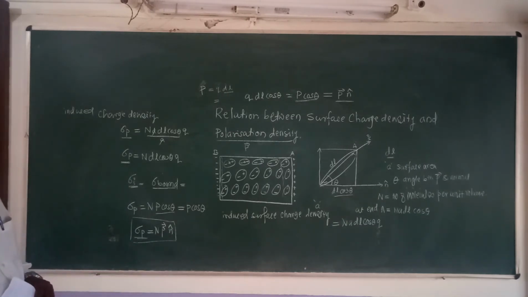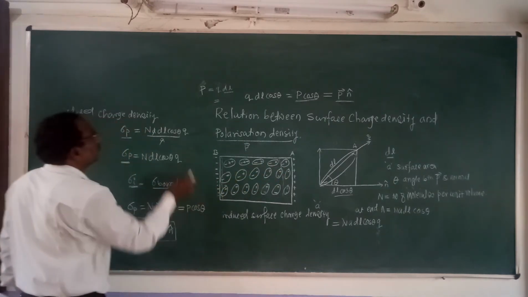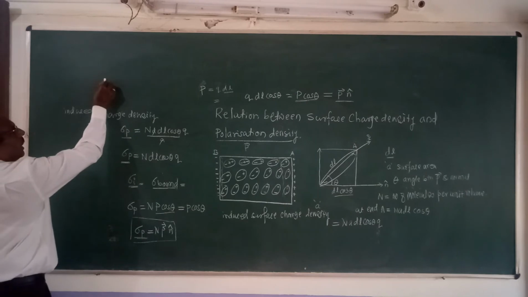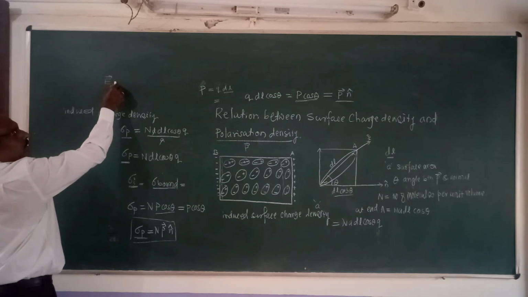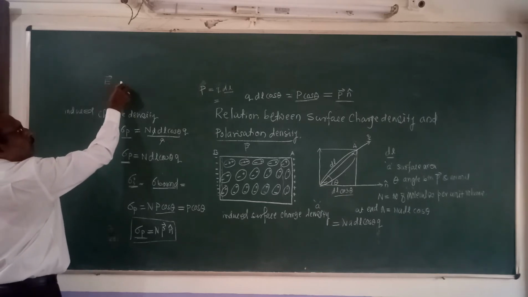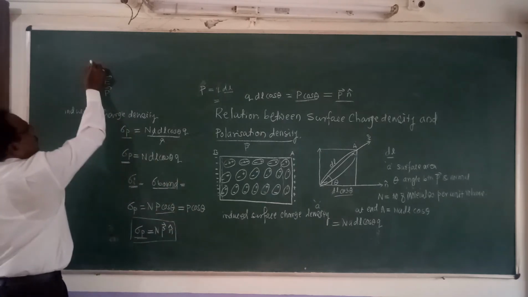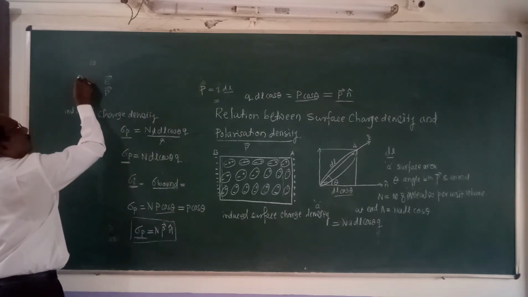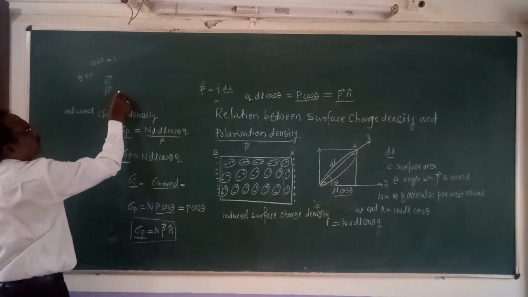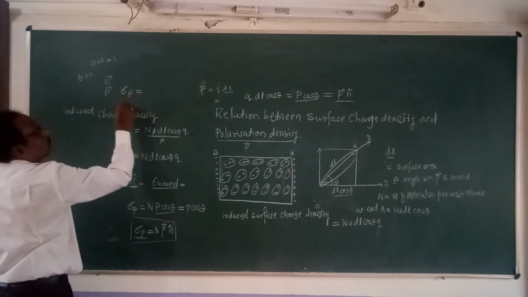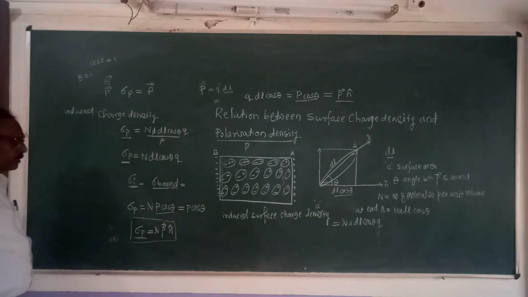In special cases, when the applied electric field E acts in the direction of the induced dipole moment, theta becomes 0 and cos 0 is equal to 1. Therefore sigma p is simply P, the polarization vector.